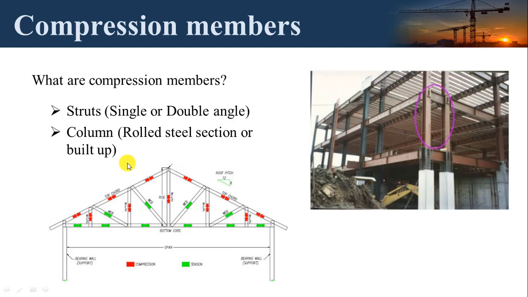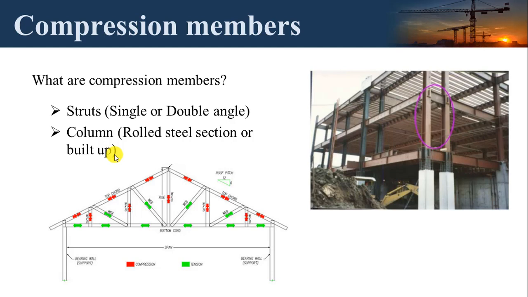We have already seen this difference. A rolled steel section is already available in a steel industry or with a fabricator, and a built up section means the section we need to form by connecting 2 to 3 different members together. That is the type of built up section.